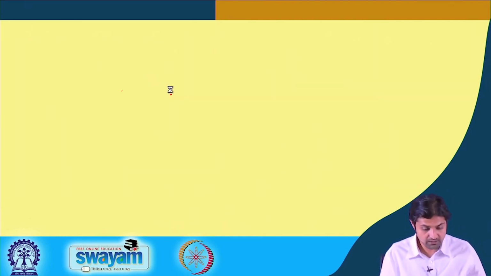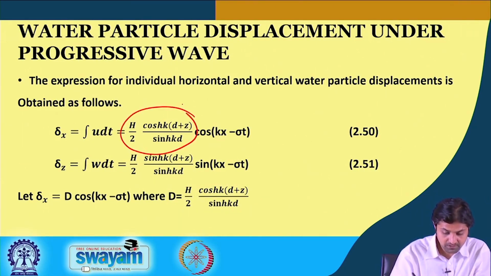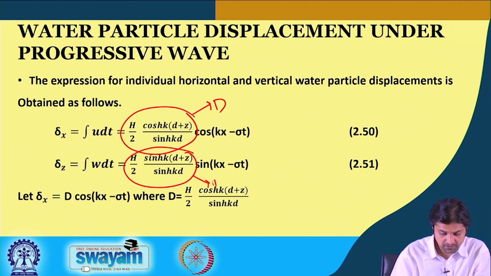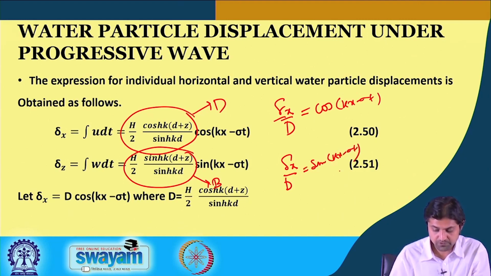Let us go back. So, what we have said is this is D and this is B. If we take D down, delta x by D is equal to cos(kx minus sigma t), and if we take B down, delta z by B is equal to sin(kx minus sigma t), all right.